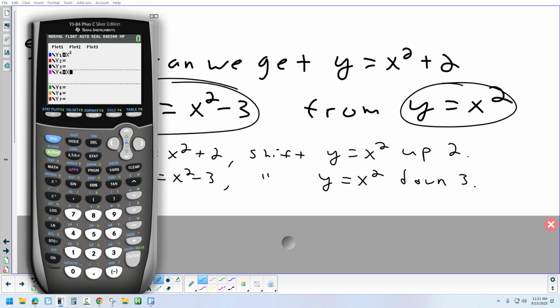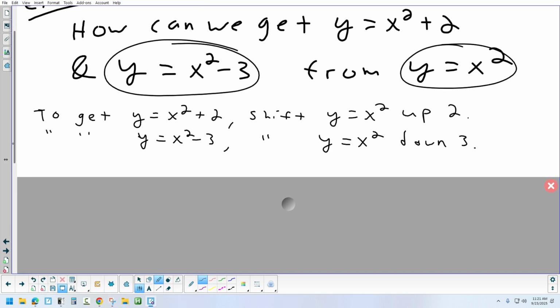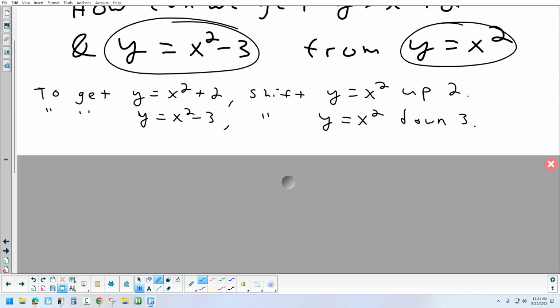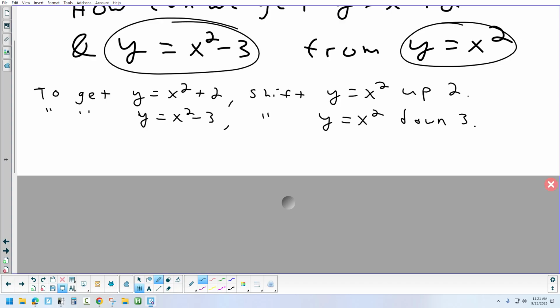We can double check it. Let's put in x squared plus 2. There's your original, and there's the plus 2. It's been shifted up 2. No change in the width. They're exactly the same width. They're just taking what you have and moving it to a different spot.